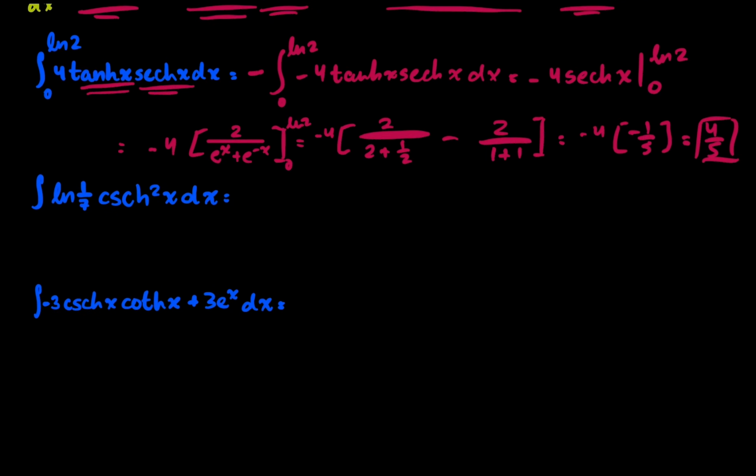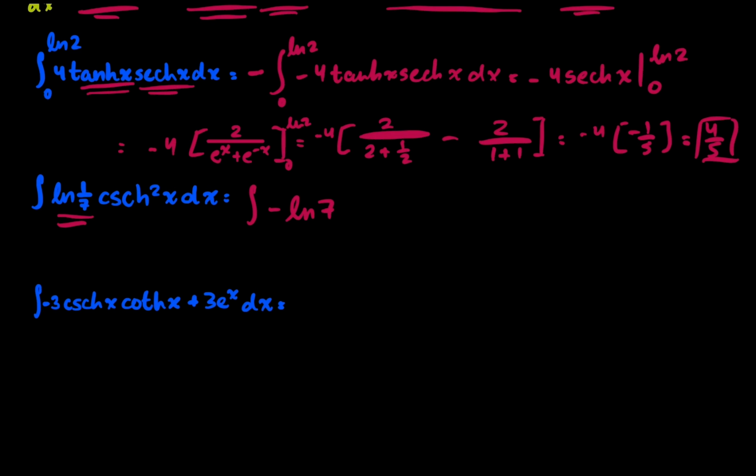Over here we have the indefinite integral of ln of 1 over 7 times csch squared of x dx. We can write ln of 1 over 7 as the negative natural log of 7, because we take this negative 1 as the power of 7, and we can just do the opposite of that.